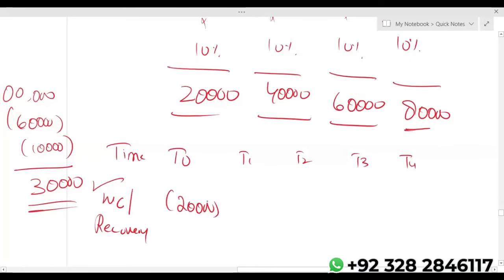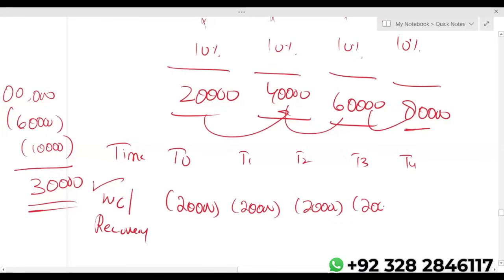Now, from 20 I'll go to 40. You have already invested 20, so an additional 20 will come. From 40 I'm going towards 60, so I've already invested 40, so an additional 20. Then again, an additional 20. Then at the end of the project, whatever we have invested in the working capital will be recovered, because working capital can never be consumed.